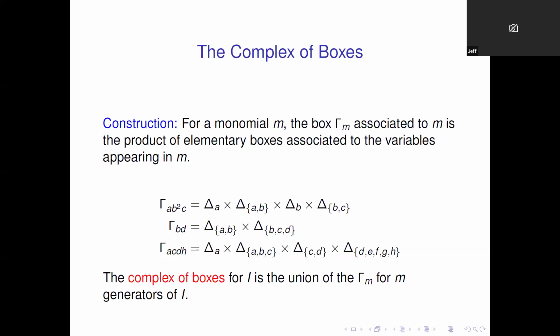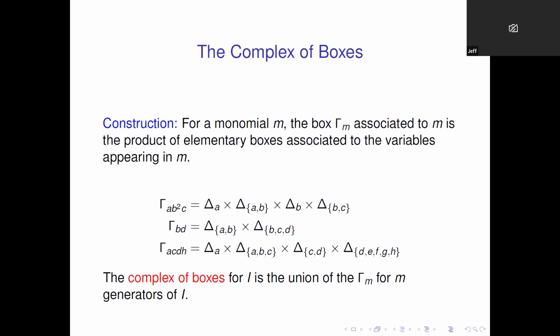The next box starts with the first variable dividing your monomial and ends with the second variable. The next box goes from the second variable to the third variable and so on. So for example, when we're looking at AB squared D, the second and third variables are the same. So the third box is just a point B. When we look at something like that guy on the bottom, ACDH, well, there's an awful lot of variables in between D and H. So there's a 5-vertex simplex showing up in the product.